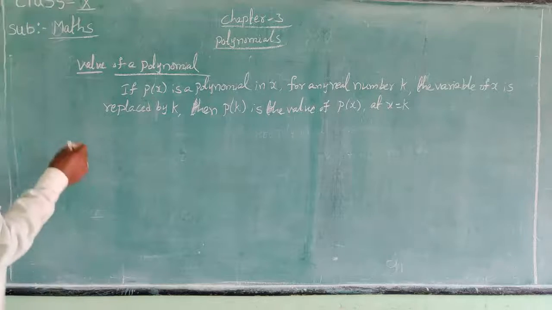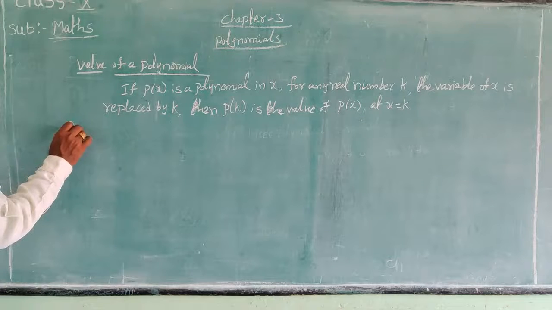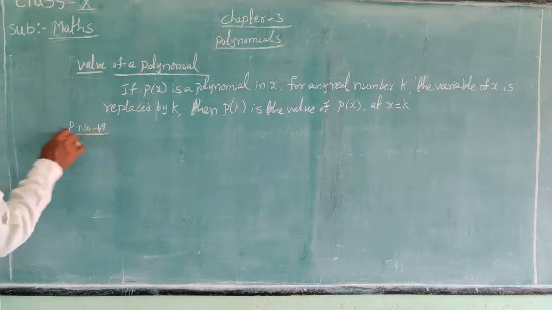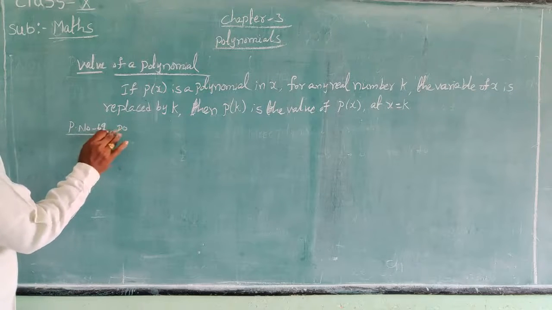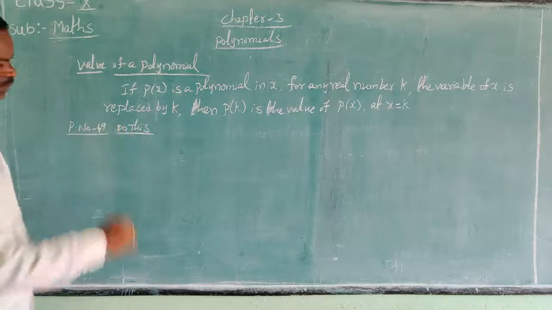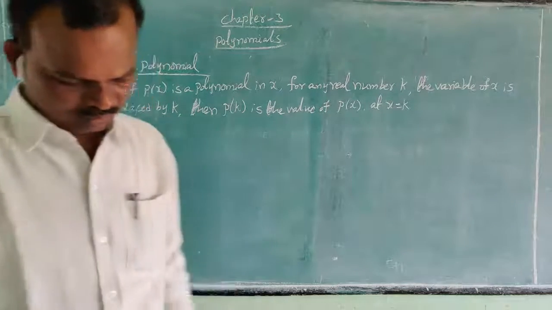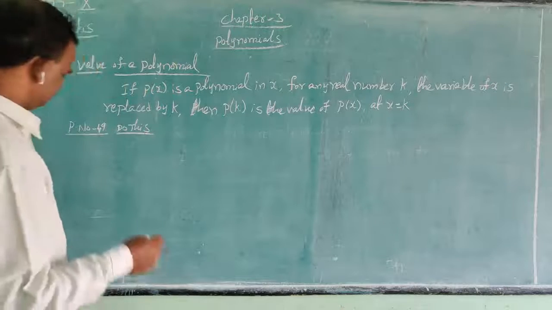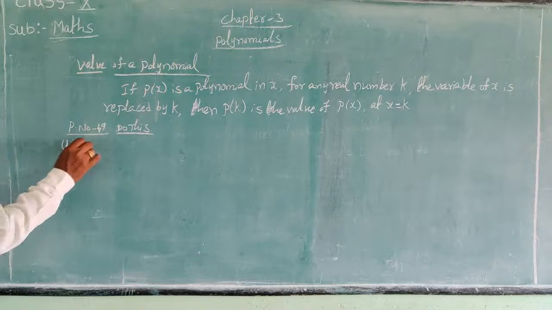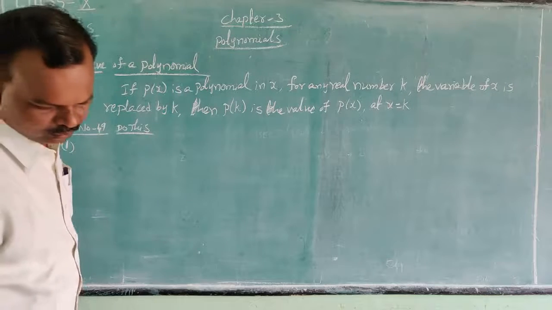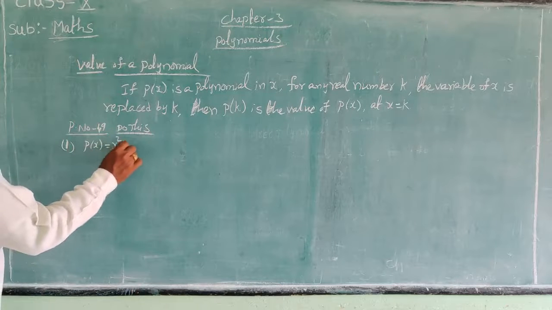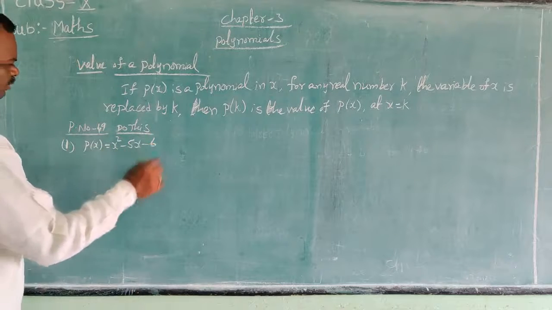Next, do this. Page number 49, do this. First one, p of x is equal to x square minus 5x minus 6.